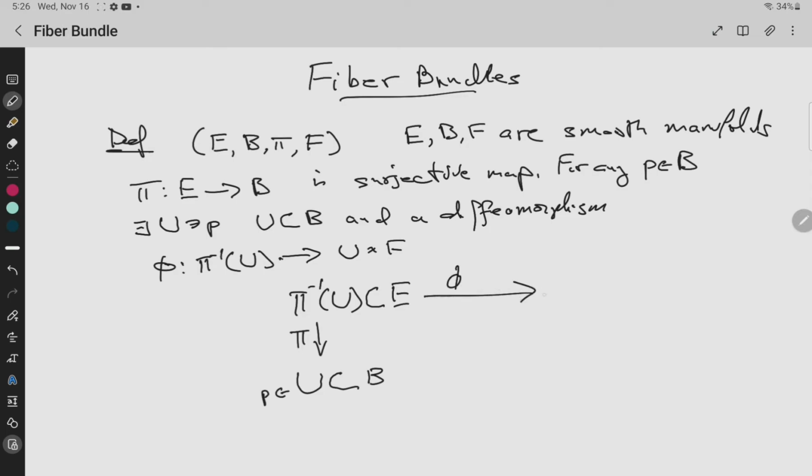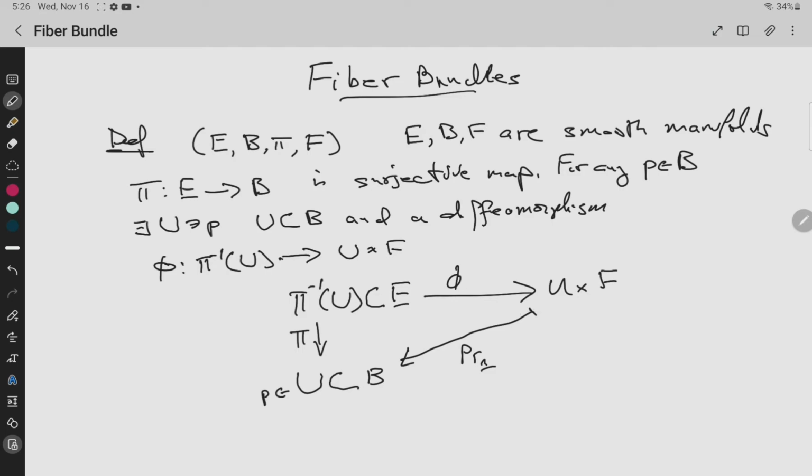Okay, so that's the diffeomorphism. It's going to split the inverse projection of U into the Cartesian product of U and the fiber. And then, of course, if you take the projection one operator, which is projection onto the first factor, then you get U back.